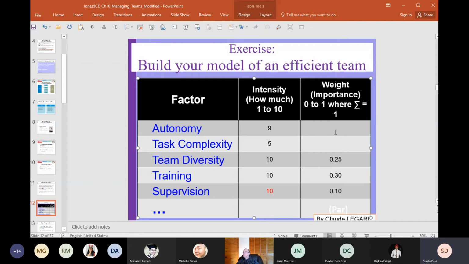So in 35, we can go task complexity with 20 and autonomy for 20 and task for 15. Yeah. So this makes 100%. I guess so.